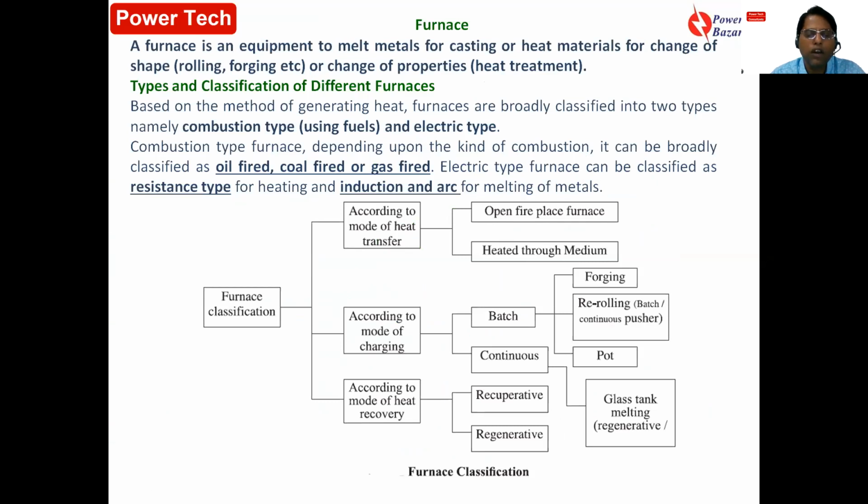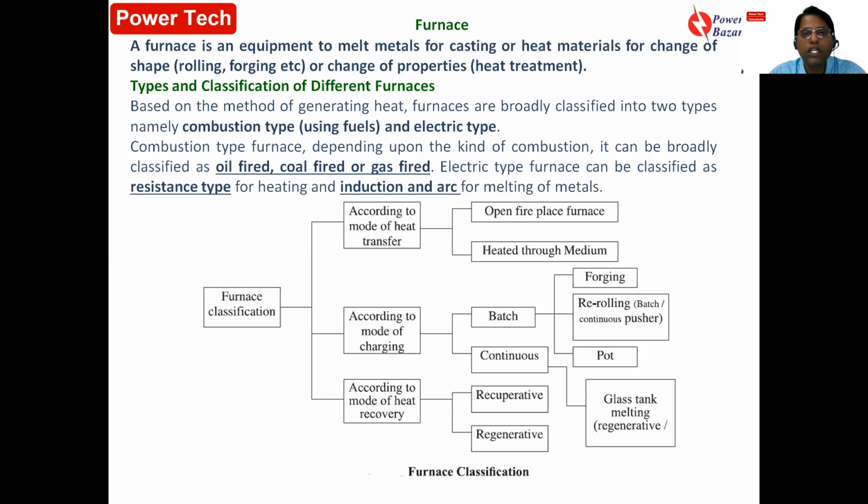So in any ferrous or non-ferrous metal industries, furnace is a very important equipment and it consumes a lot of thermal energy. So from an energy saving point of view, furnace also plays a critical role. And as an energy auditor, we all have to know how to conserve energy in any furnace application.